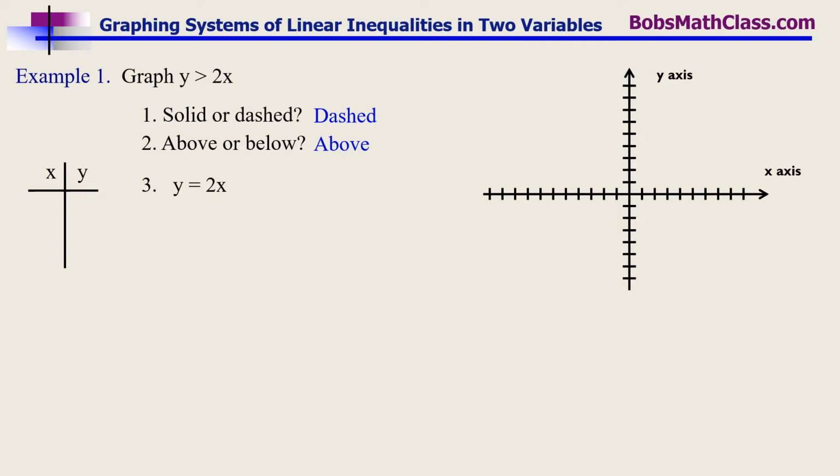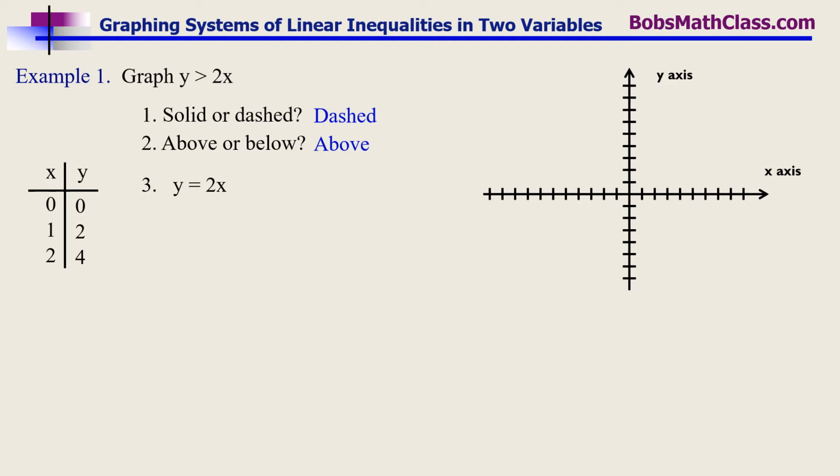There's no fraction, so I'm going to pick 0, 1, and 2, and then plug in each of those numbers. If you plug in 0, 2 times 0 is 0. And if you plug in 1, 2 times 1 is 2. So just work it out. Those are our values, 0, 2, and 4.